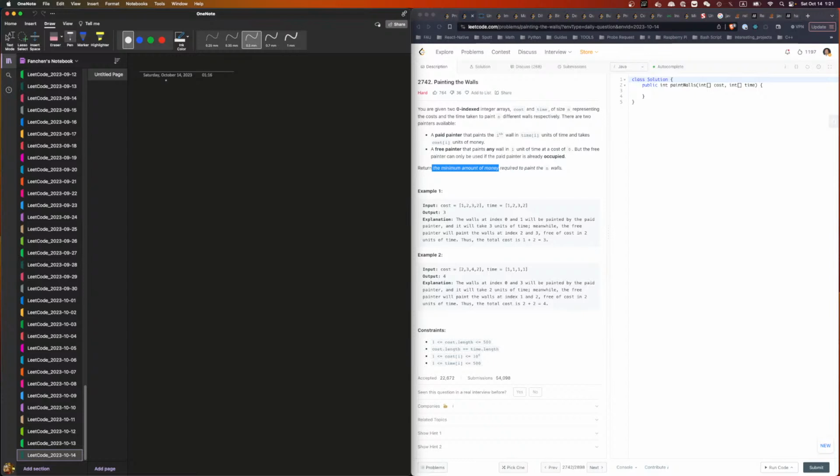So, which means if the DP at a certain state will give you the minimum cost, which is using the paid painter for some.